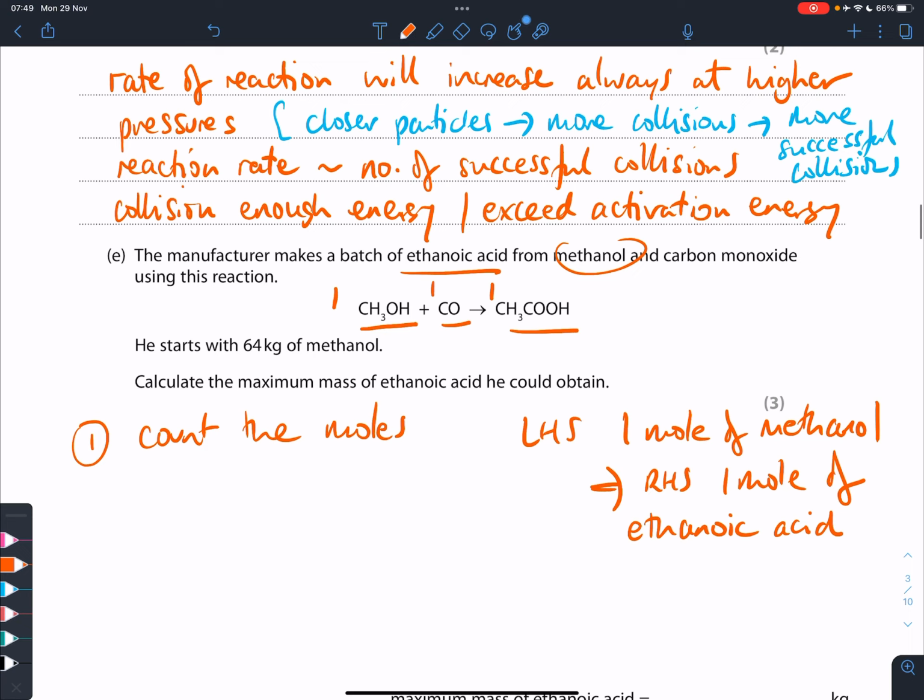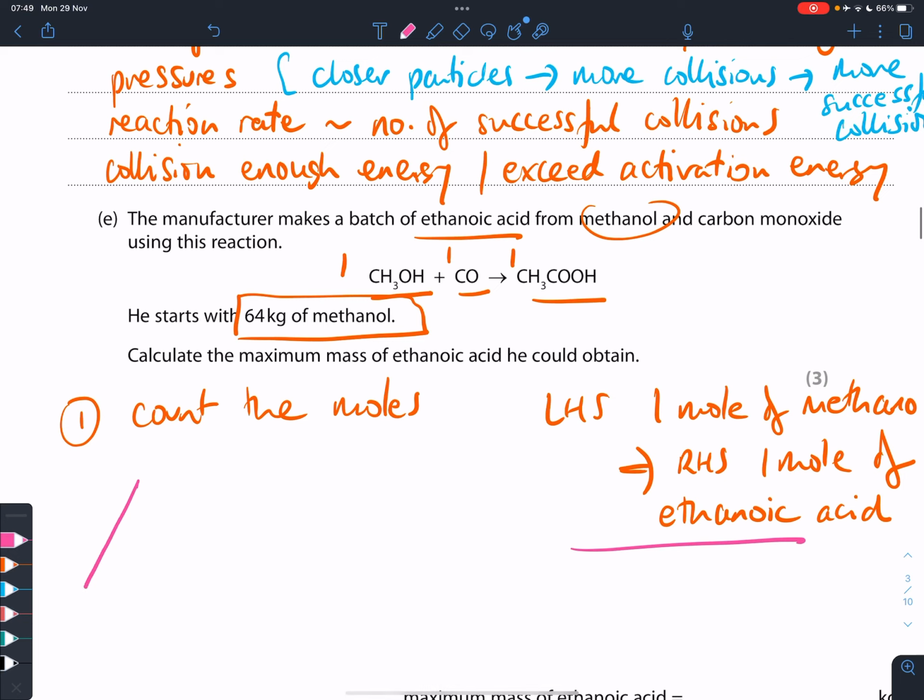Right, so however many moles of methanol we've got, we will always produce the same number of moles of ethanoic acid. So we've got to use the triangle where we've got the number of moles down the bottom, the mass of what we've actually measured in the laboratory, and then the relative formula mass of methanol.